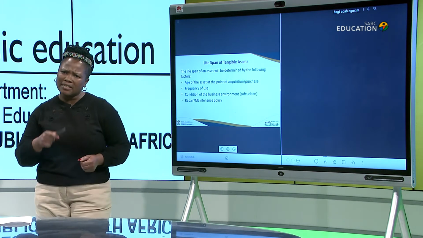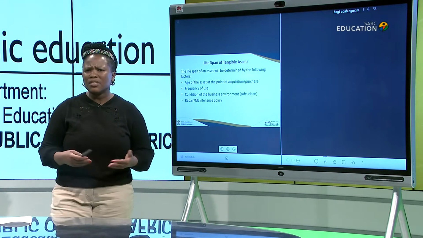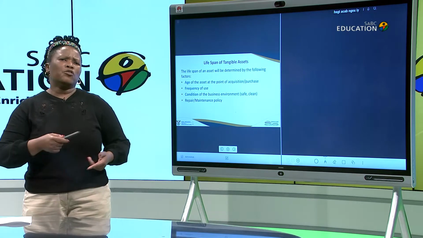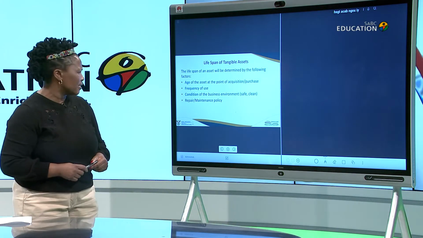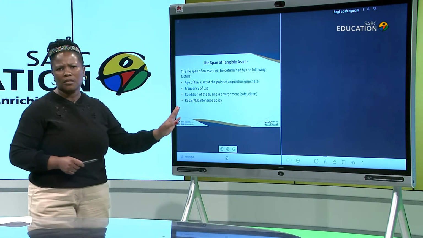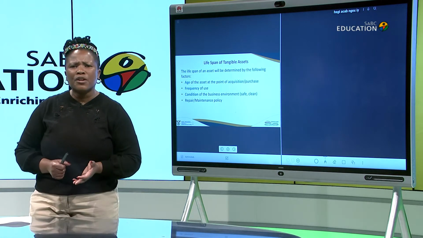When you have your assets, if they get damaged, you need to repair them. You need also to maintain the assets, especially your vehicles. They need to be serviced regularly.